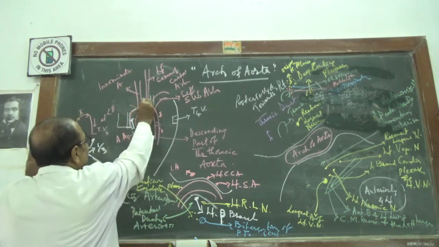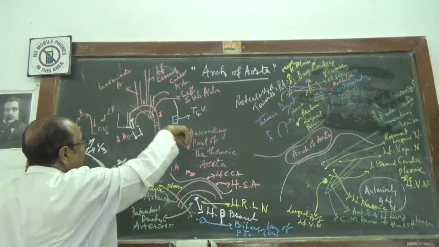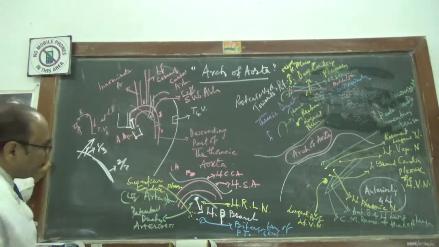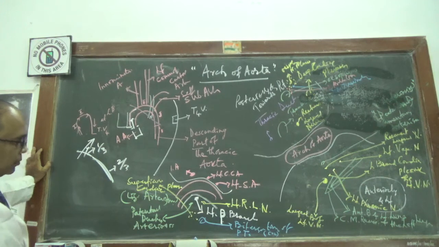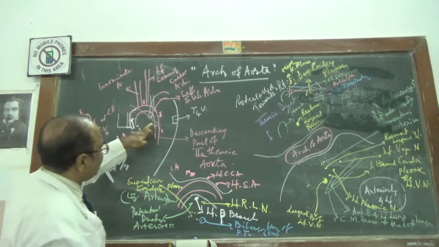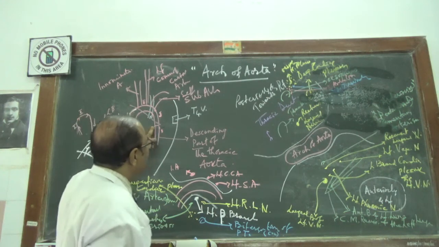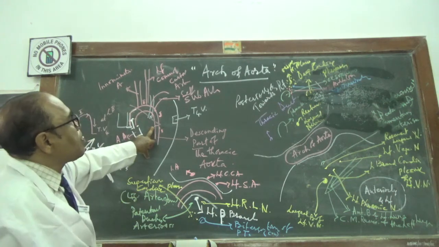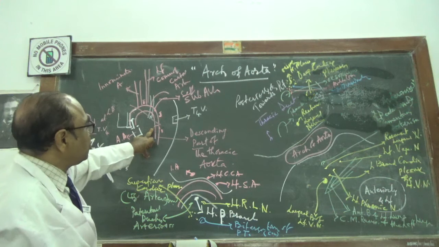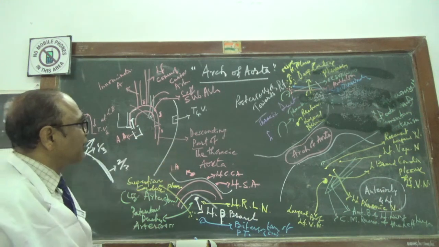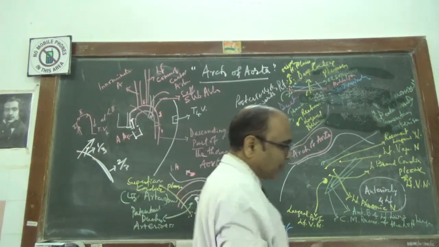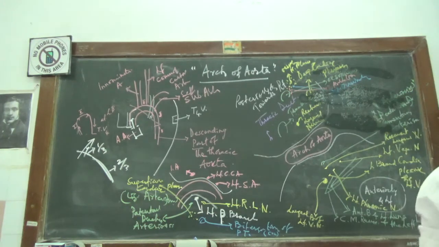After reaching the lower border of the fourth thoracic vertebra, it continues as the descending part of the thoracic aorta.